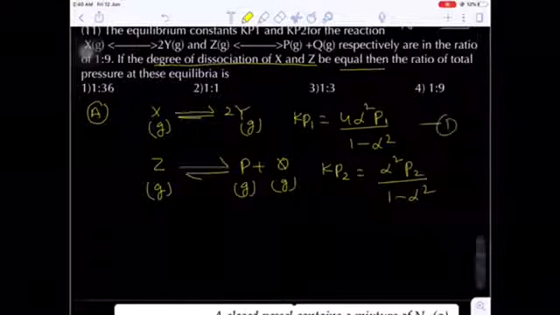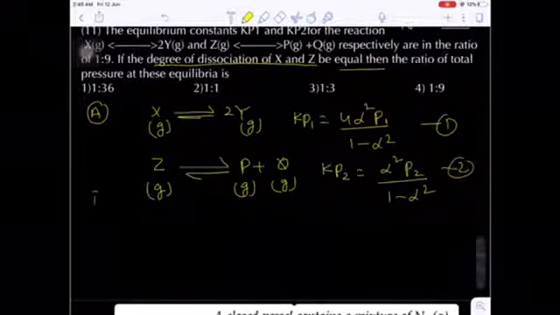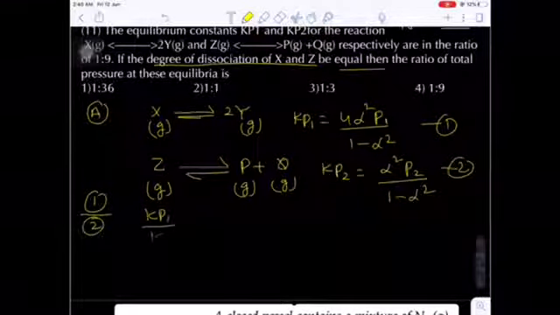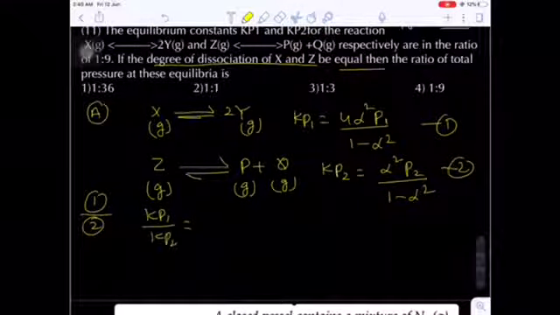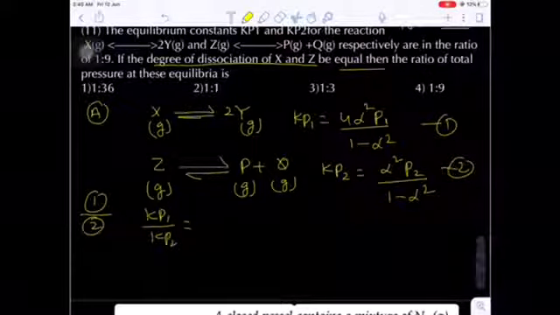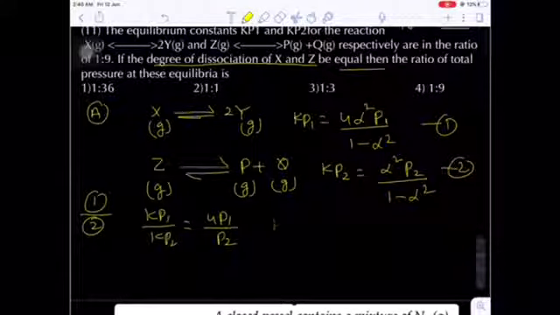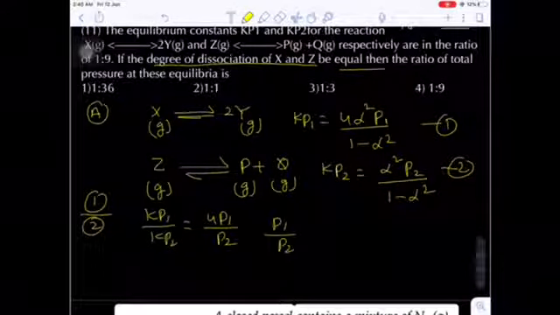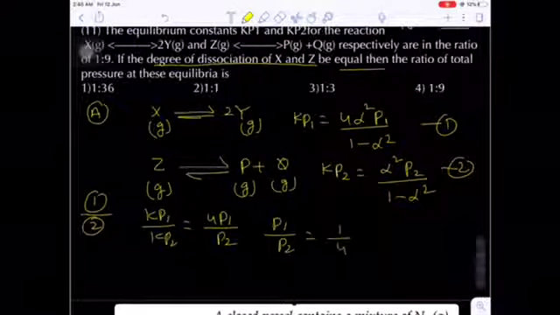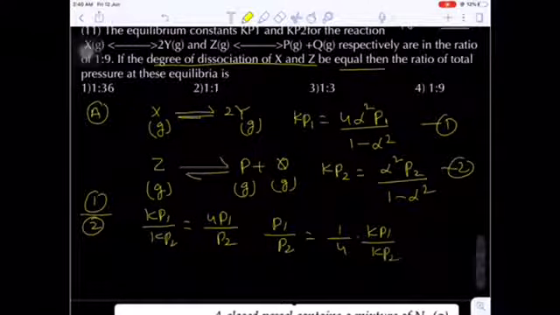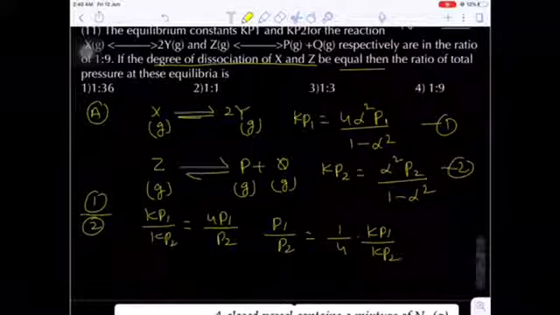Okay. Now take the ratio 1 divided by 2. So Kp1 by Kp2 is equal to how much? Alpha square and 1 minus alpha square get cancelled. So you will get 4P1 by P2. So from here, P1 by P2 is equal to 1 by 4 into Kp1 upon Kp2.